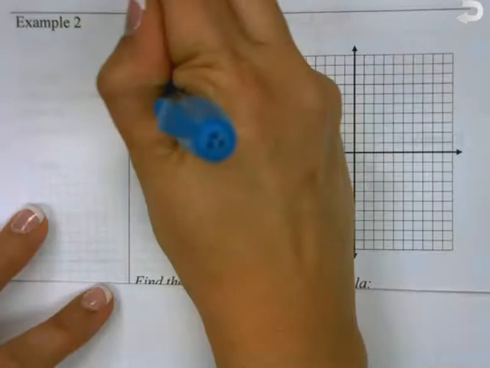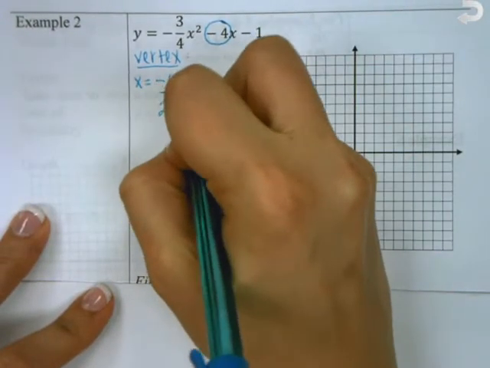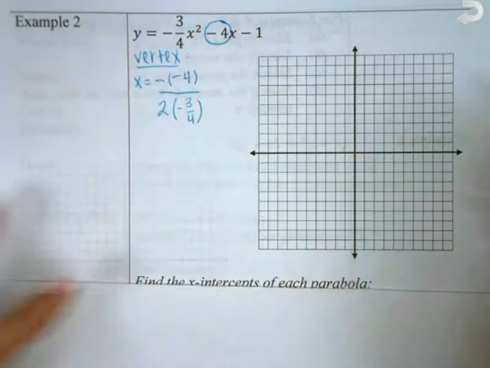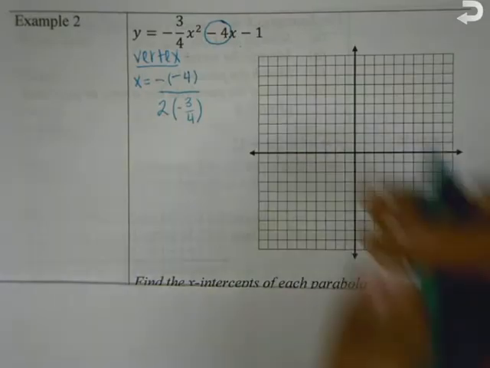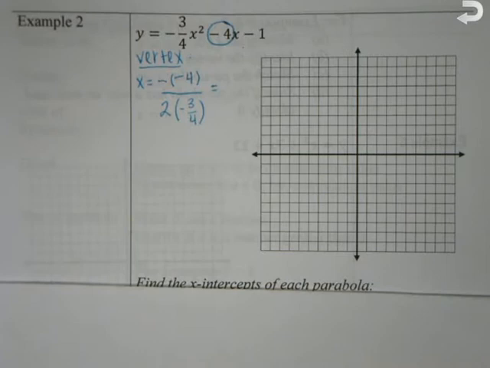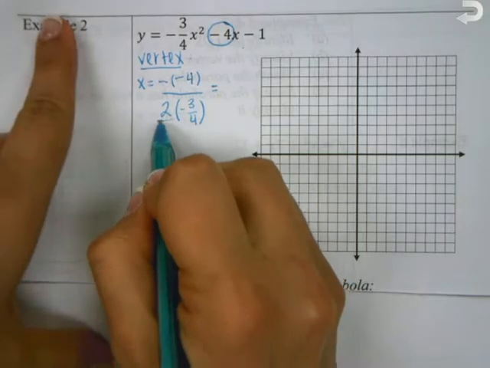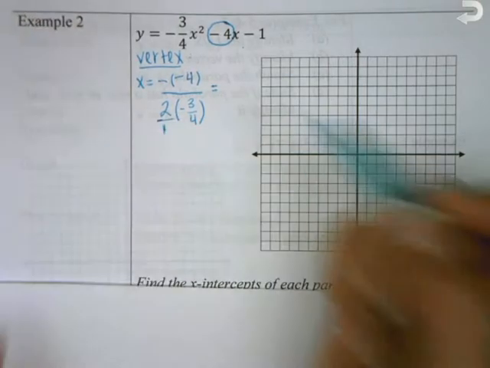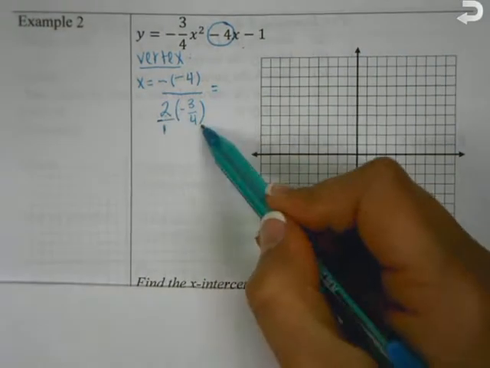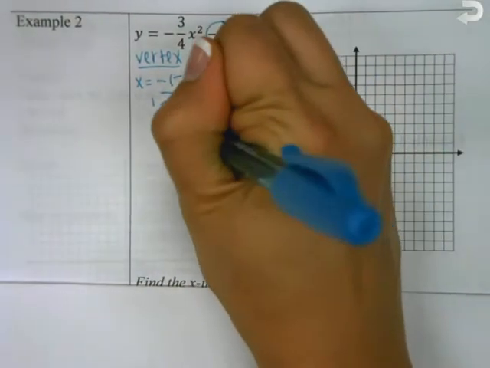Don't freak out. Well, with a fraction, we can do some cross-reducing before we actually multiply, right? 2 and 4 reduce. 2 goes into 2 once, and 2 goes into 4 twice. So we have on top positive 4 over negative 3 over 2.